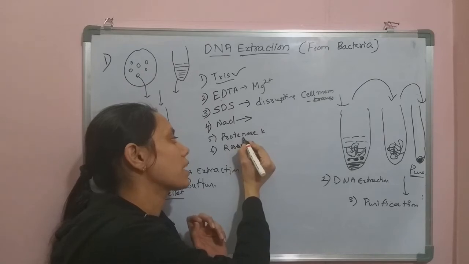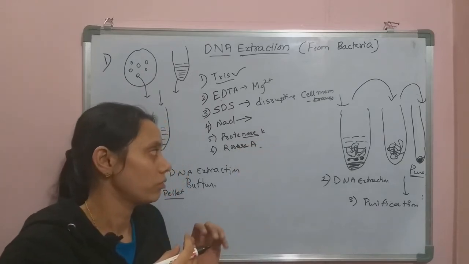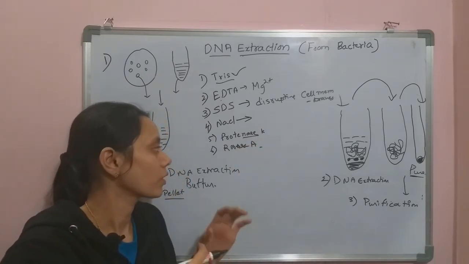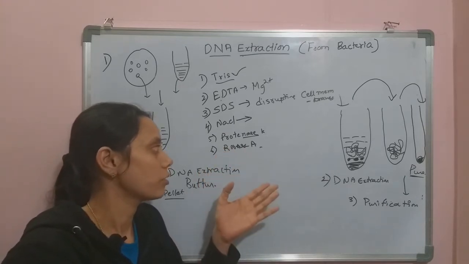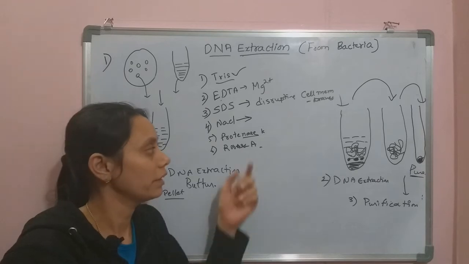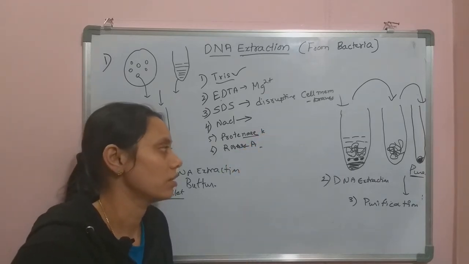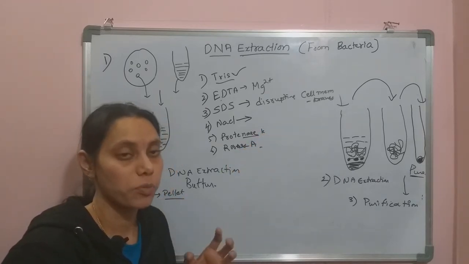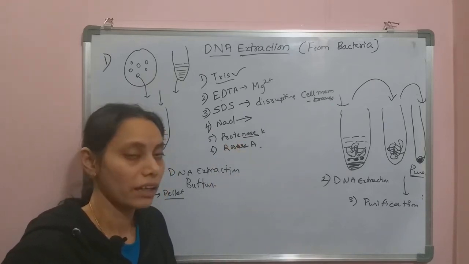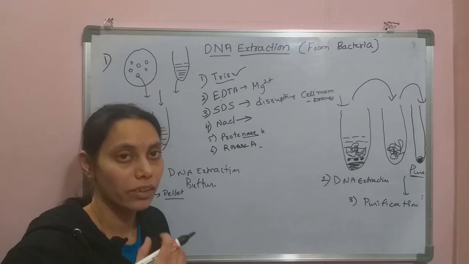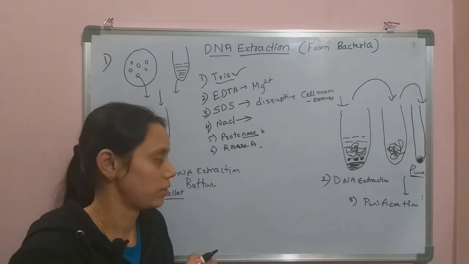Coming to proteinase K, as the name indicates, it is an enzyme which degrades proteins, and this K stands for keratin. Keratin is a hair protein. That means this proteinase K is active even against hard proteins like keratin.